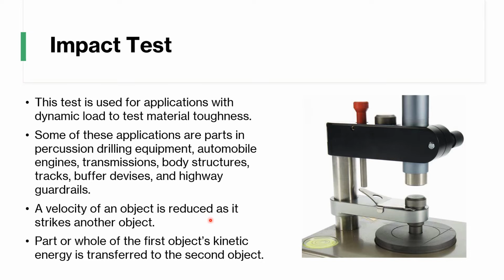So when an object is going with an energy of some sort in that direction, here is your first object, and another object is going to come, let's just say in this direction, and then they collide, or they strike.